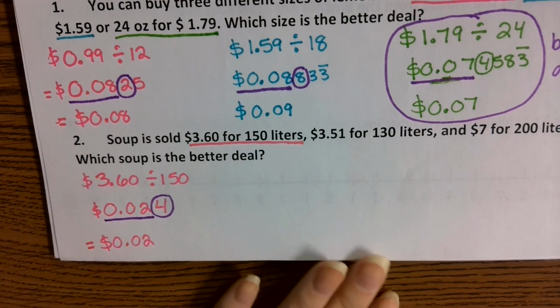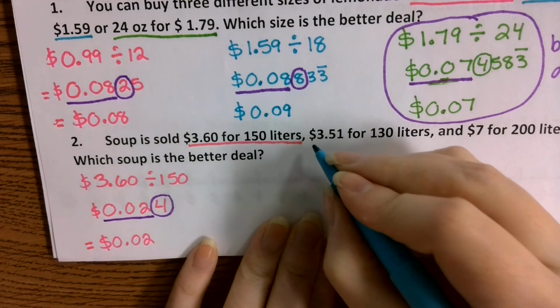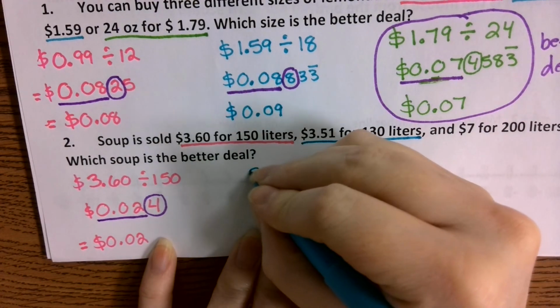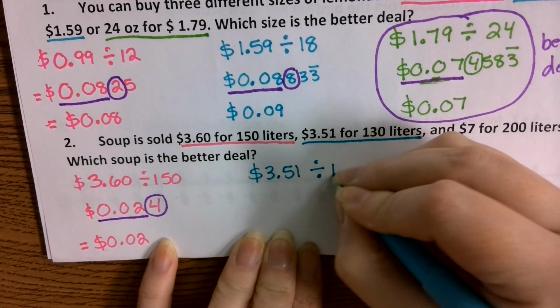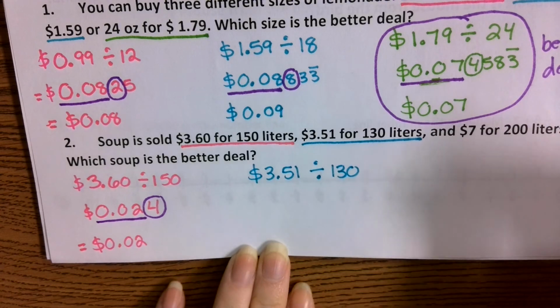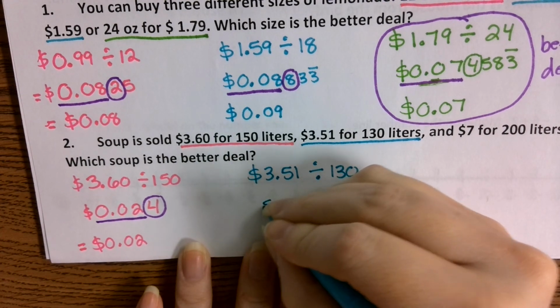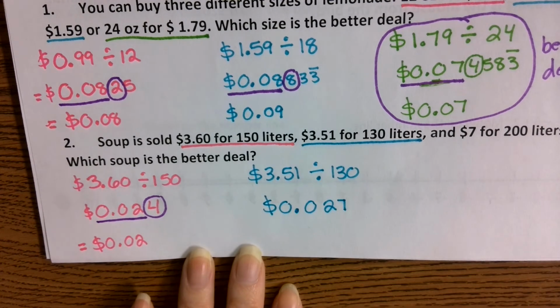Okay. What about the next one? What's the next set that we're going to go ahead and divide? $3.51 divided by 130. Good. When we divide, what do we get? 0.027, and then Huzaifa, you rounded it to the next value, right?